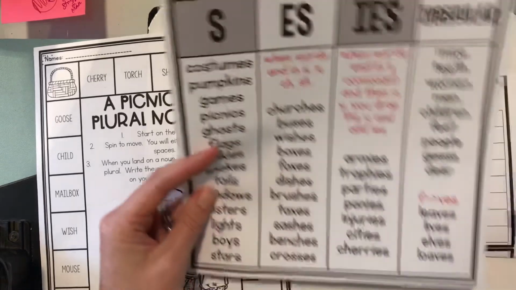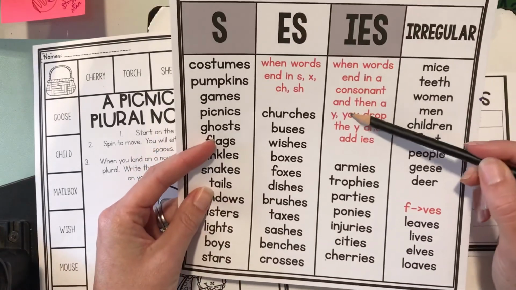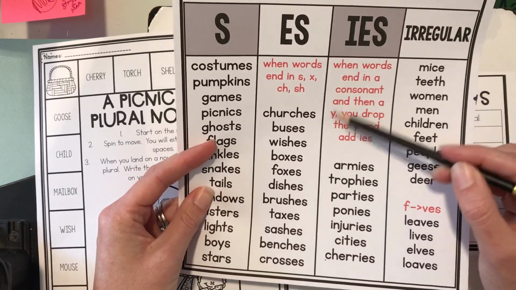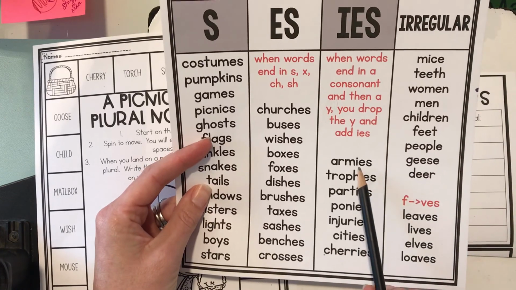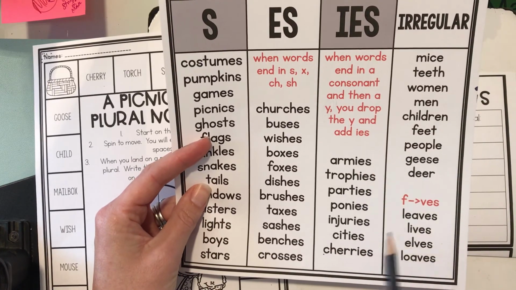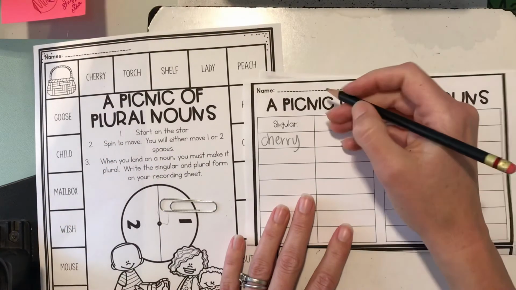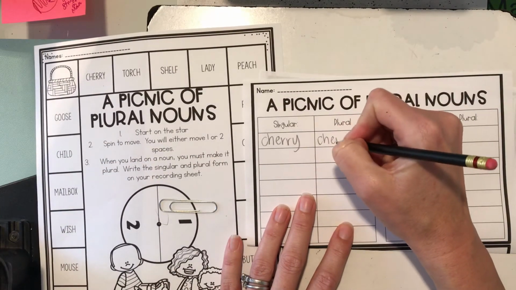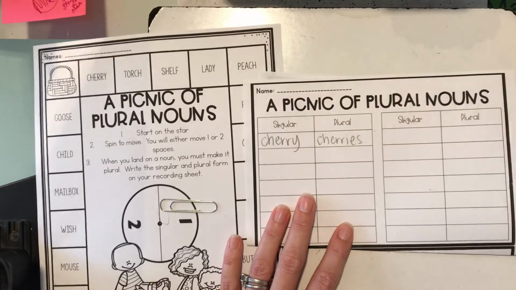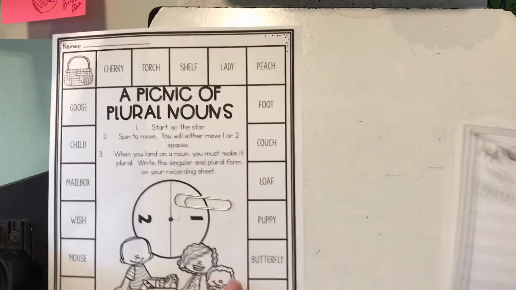Well, I remember that if it ended in a Y, I would add I-E-S to the end of it. Ooh, it does. It's even down here. Cherries. So cherry becomes cherries. And then I'm going to spin again.